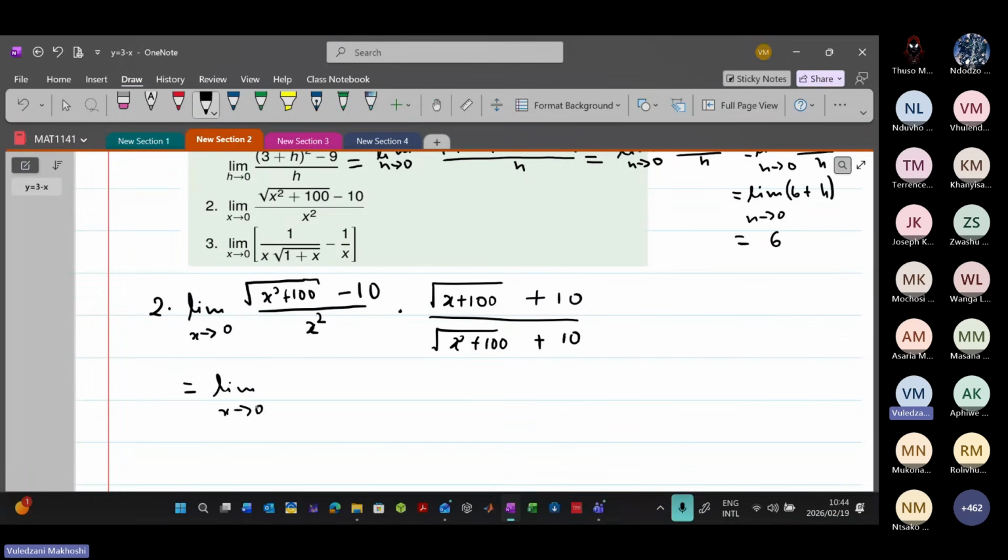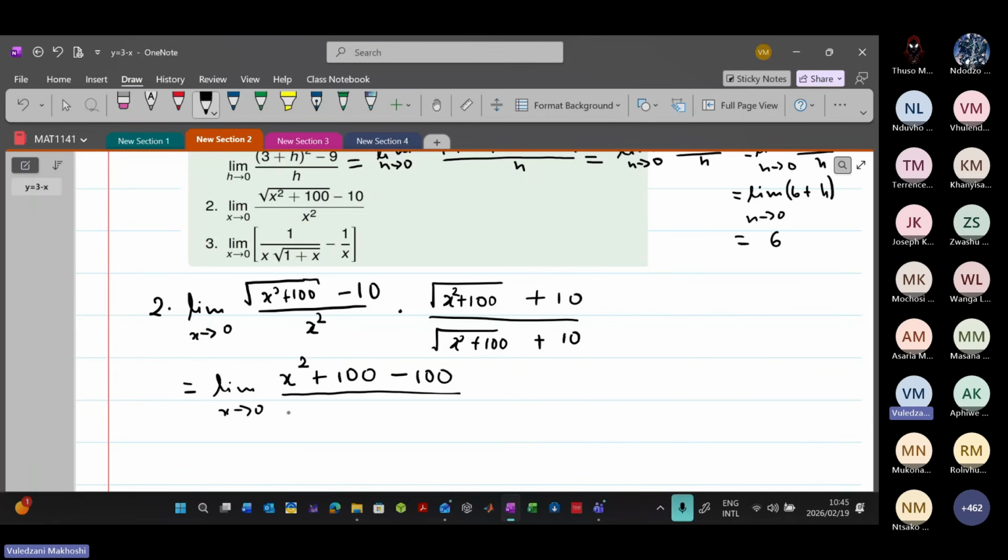As x is approaching 0, difference of two squares. So this is x squared, x squared. So we end up with x squared plus 100 minus 100. 10 times 10 is 100. The square root of x squared plus 100 times the square root of x squared plus 100 is x squared plus 100.